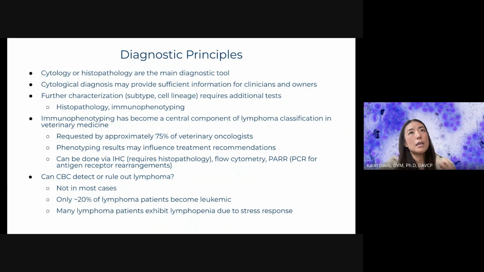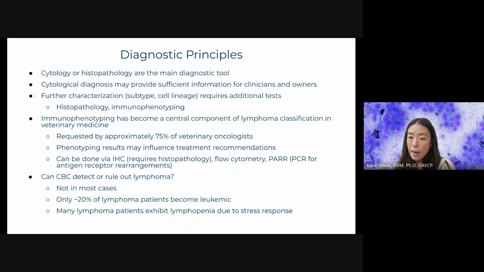And another interesting misconception is that lymphocytosis may indicate lymphoproliferative disease, or lymphoma specifically, but this is also not true in most cases. Most patients with lymphoma will present with lymphopenia as opposed to lymphocytosis due to endogenous corticosteroids, so basically the stress response.